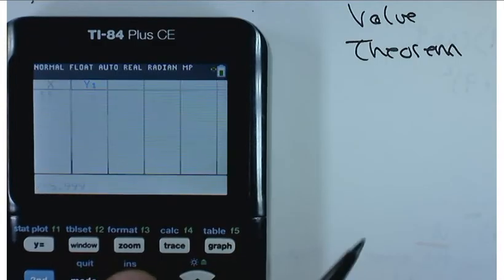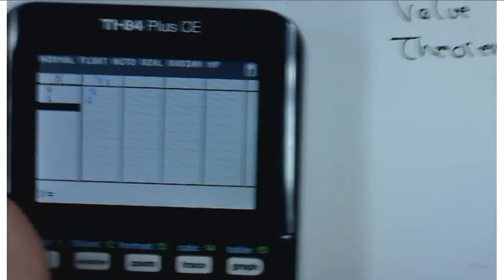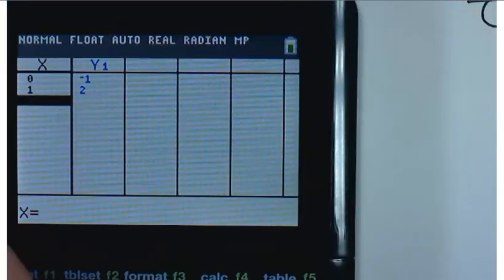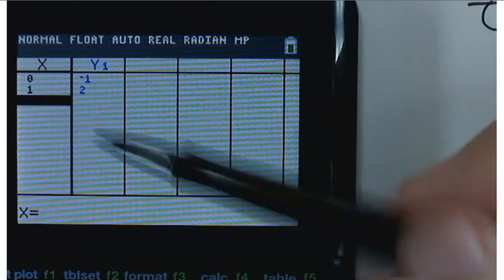I'm going to delete all these old values here. Let's just trash those and plug in 0 to 1 for the x's. What happens with the y values? Where does this function increase from and to? It goes from -1 to 2.